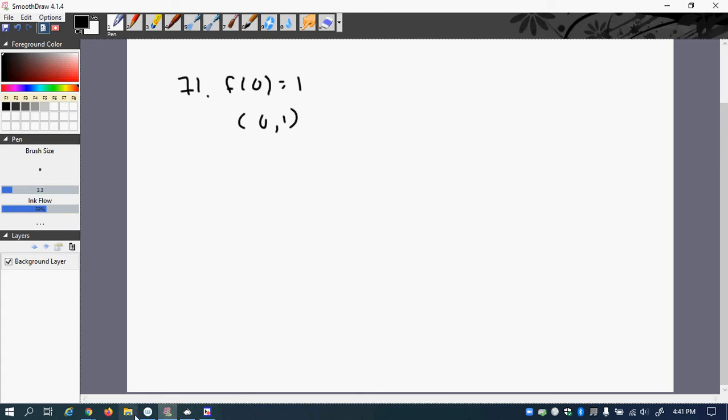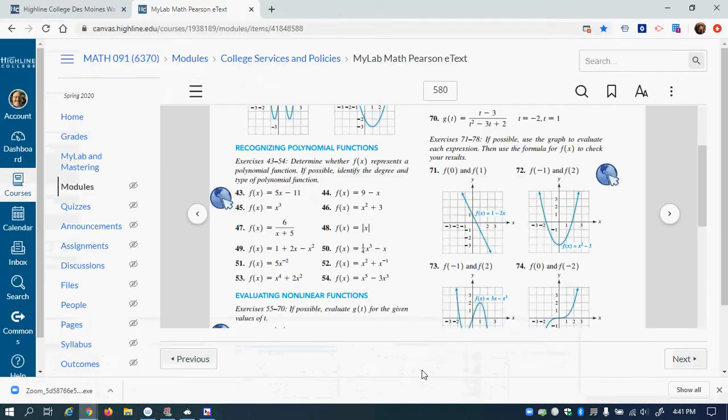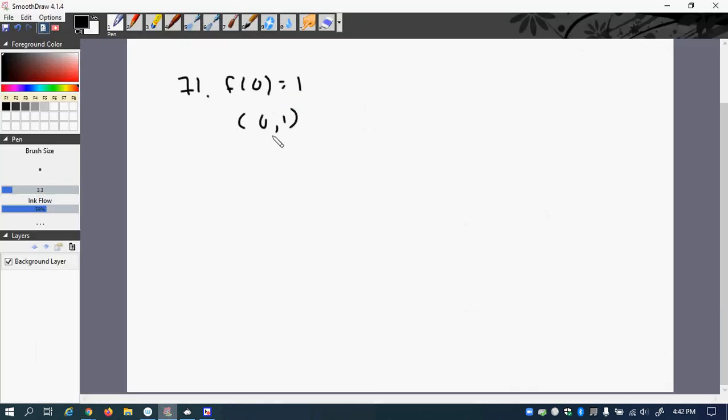So again, if I go back to the book, if I'm given f of 1, I go over to where f of 1 is. Here it is. There's x at 1. Then I have to go down to the curve and hit it, so it would be at negative 1. And so for this one, f of 1 would be negative 1. And so the point is 1 comma negative 1. So this is that type of thing.